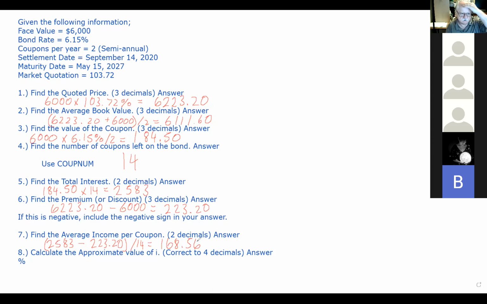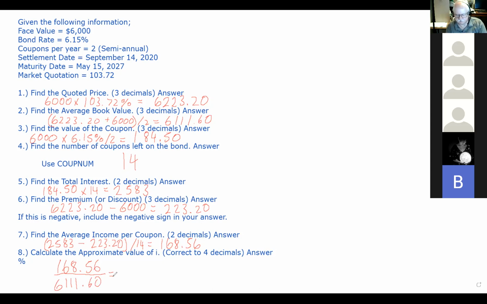And so now we're actually in a position to calculate the approximate value for the yield rate. So take the average income per coupon that we just calculated, 168.56, divided by the average book value, which was our answer to number 2, 6111.60.